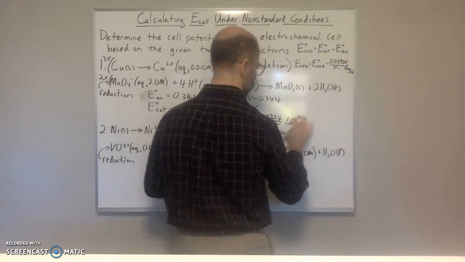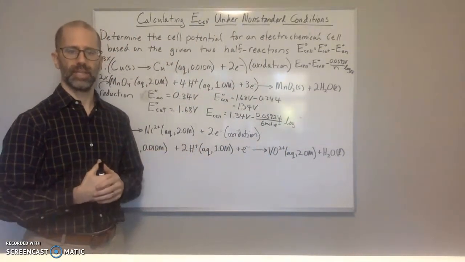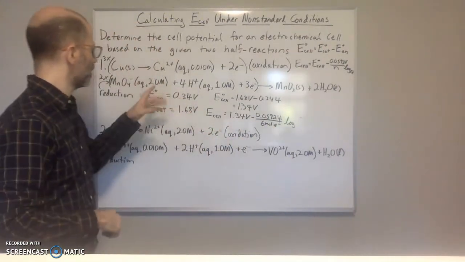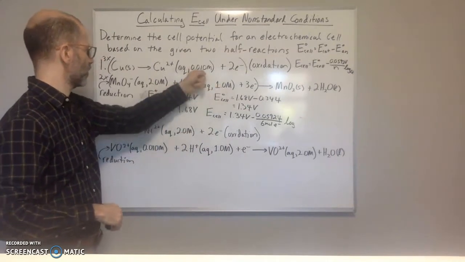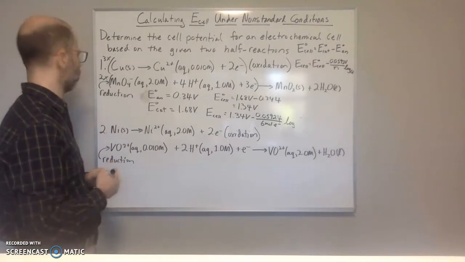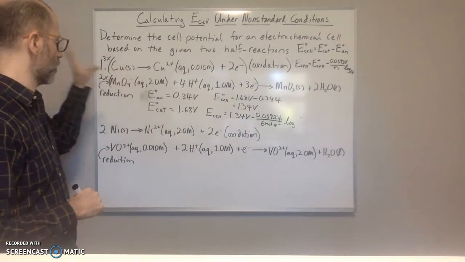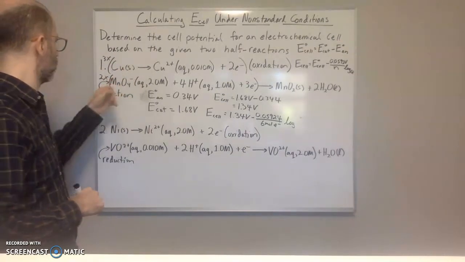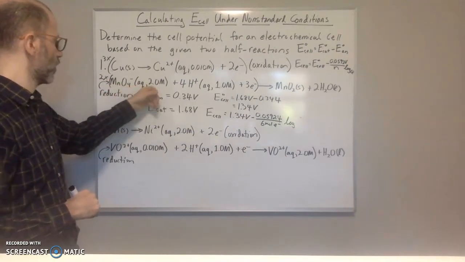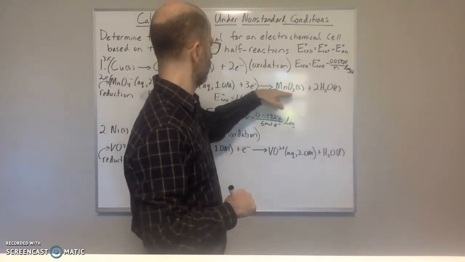Now Q, again, is the reaction quotient under present conditions. So we're going to put in the concentrations of our reactants and products. Solids, we're not going to put in.